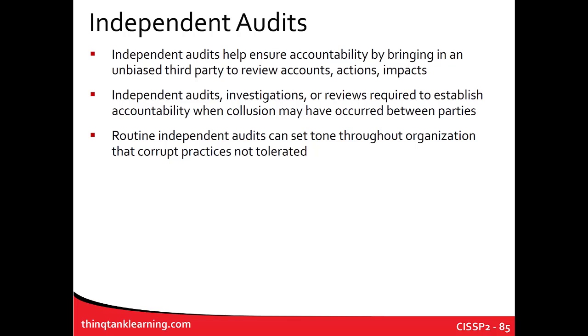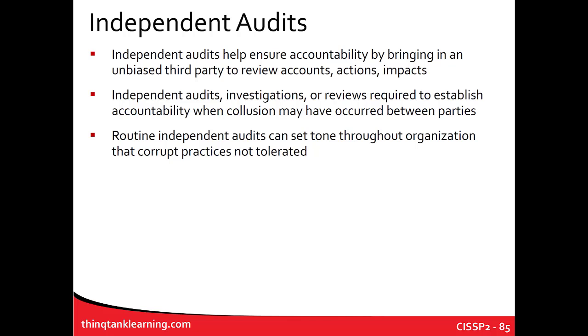Independent audits. Independent audits help assure accountability by bringing in an unbiased third party to review accounts, actions, and impacts. Right? Internal controls can be strong, but typically internally we have bias. We might have blind spots.